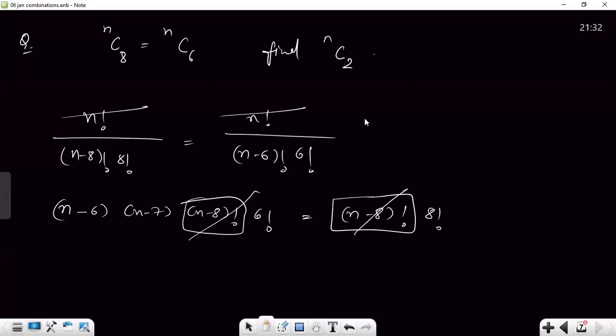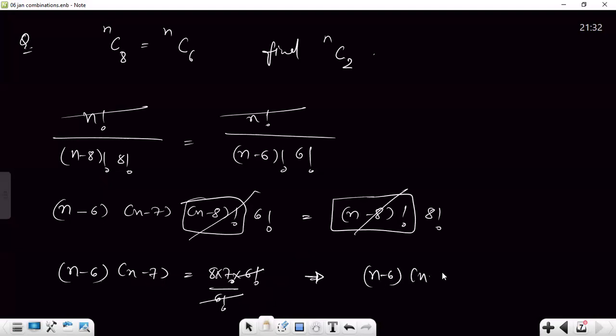Now (n minus 6) into (n minus 7) becomes 8 factorial divided by 6 factorial. 8 factorial can be expanded as 8 into 7 into 6 factorial, and the 6 factorials cancel each other. Now we can clearly see that (n minus 6) into (n minus 7) equals 8 into 7.